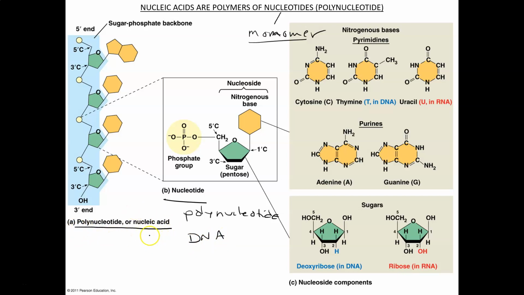Unfortunately, in biology, sometimes things have more than one name for the same molecule, which is frustrating sometimes for first-time learners or even second-time learners of this. But here you go. So these nucleic acids are made up of these individual chains of monomers here. There's a nucleotide, there's a nucleotide, there's a nucleotide.